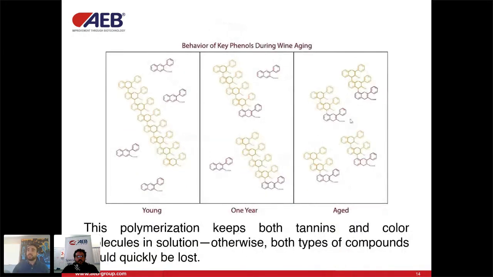So this is a schematization of the aging process and the formation of polymeric pigment in the barrels, and the polymerization between the tannins and the color not only stabilizes the color, but helps keep both compounds in your wine.